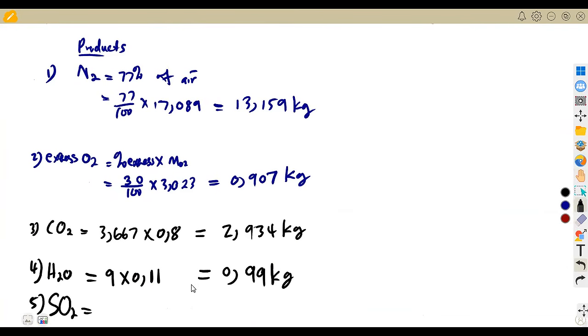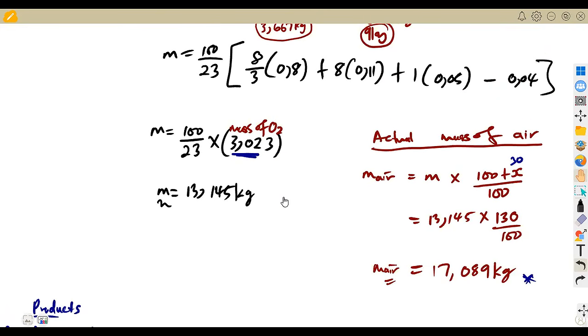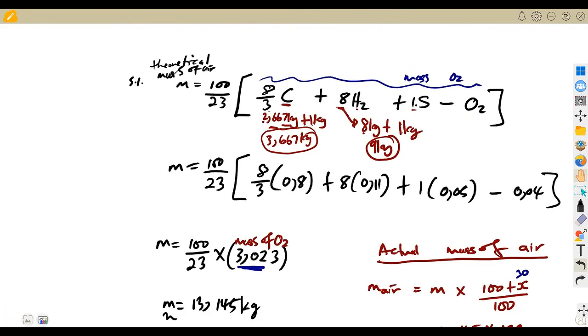All right. So we've got sulfur dioxide. So again, sulfur dioxide is taken from sulfur. So we need to understand this. We need 1 kg of oxygen. This is the mass of oxygen. So we've got 1 kg of oxygen plus 1 kg of sulfur to give us sulfur dioxide. So 1 kg plus 1 kg, that will be 2 kgs of sulfur dioxide.